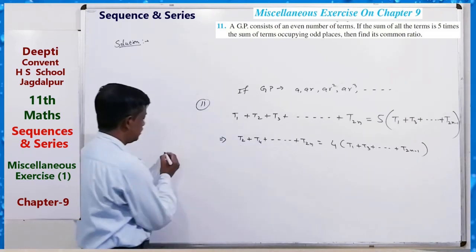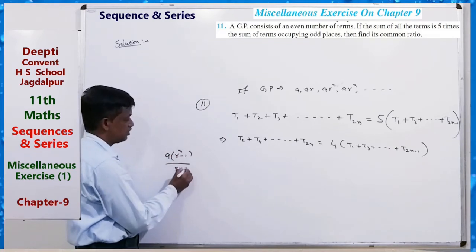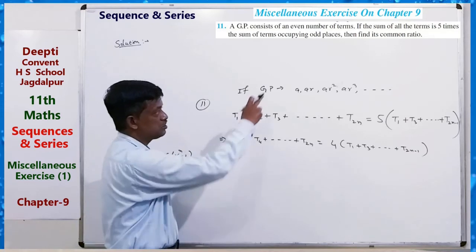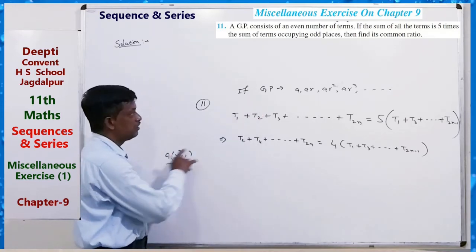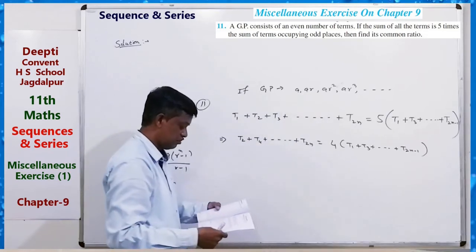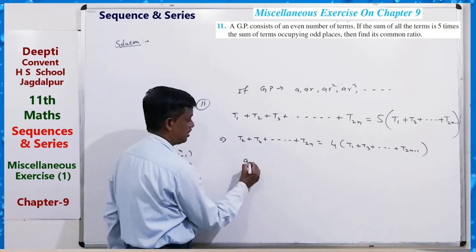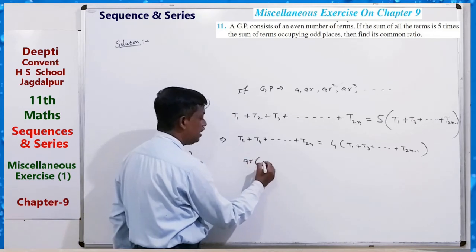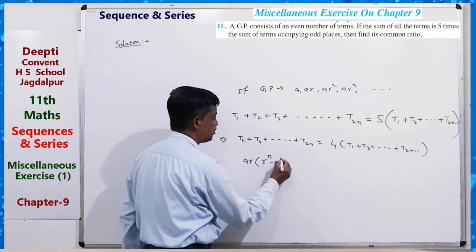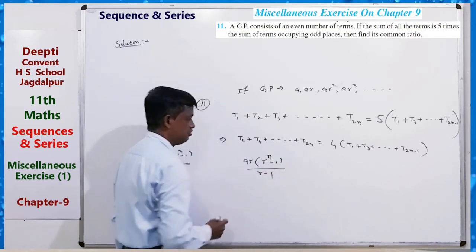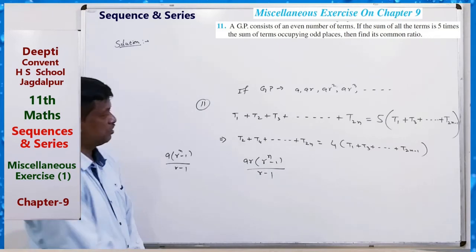The sum is a times r to the power n minus 1 upon r minus 1. Here the common ratio is r. So the first term is ar, and the sum is ar times r to the power n minus 1 upon r minus 1. This formula is used for the sum because there are n terms.